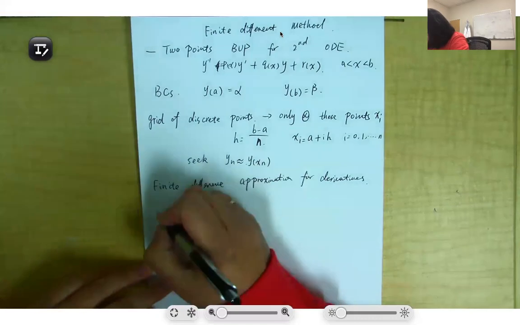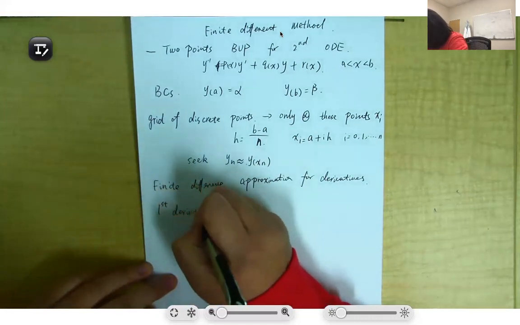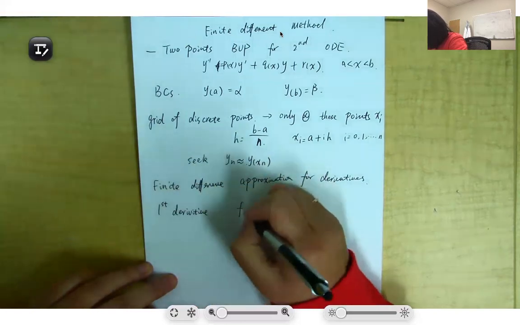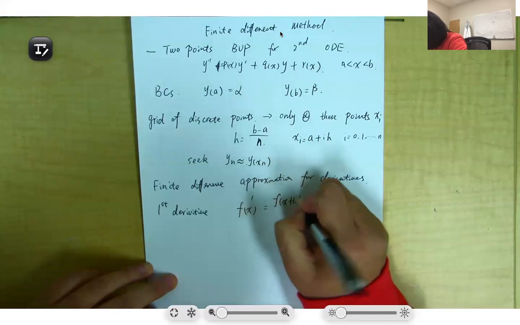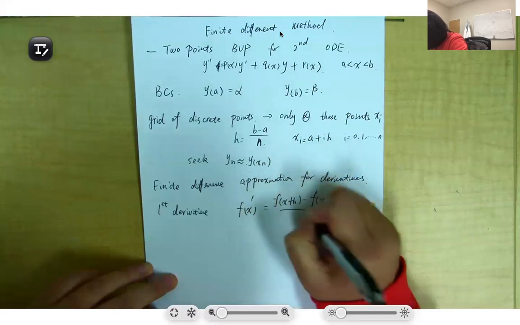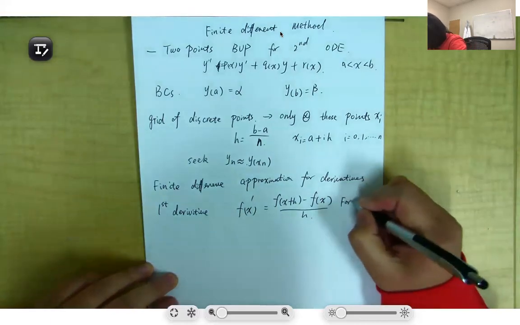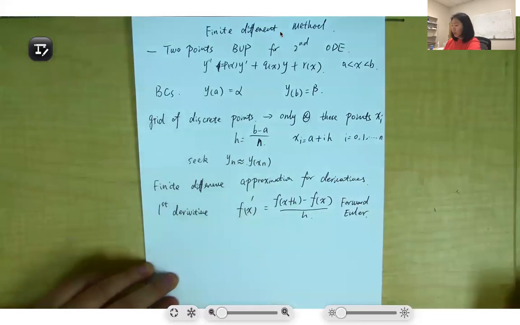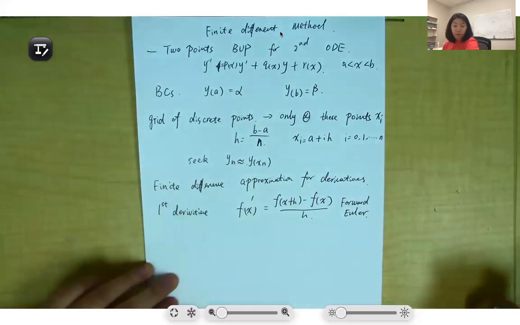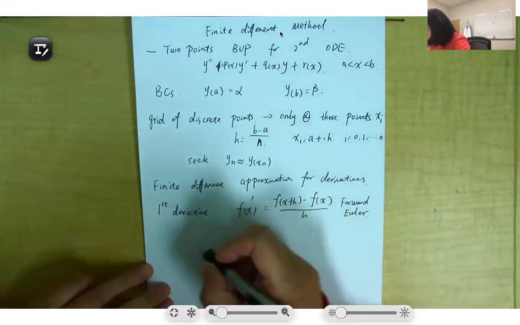Let's see, for the first derivative, we can have f prime equals f(x plus h) minus f(x) divided by h. This is called the forward Euler method. This is one of the finite difference approximations.